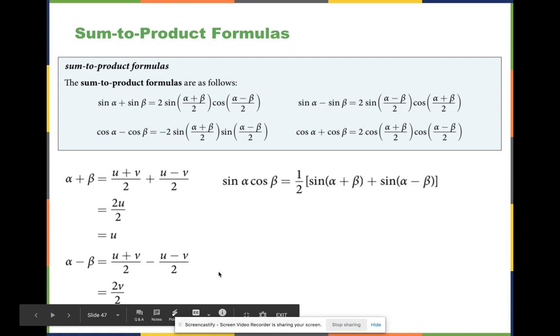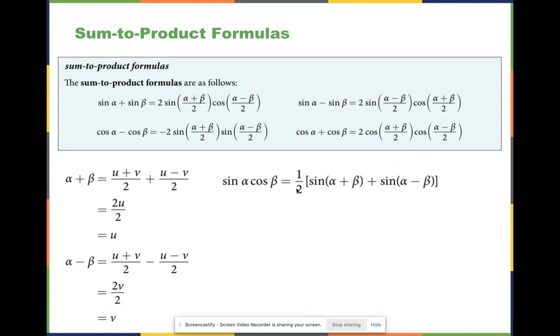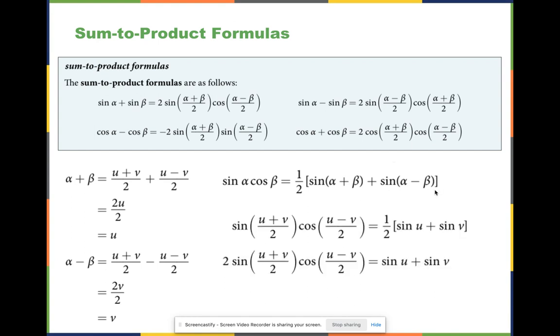All right, so we will use this. We know that when we have a product, this is from the last section, the product to sum. Okay, so we're going to start with that. So we're going to say sine of u plus v over 2 times cosine of u minus v over 2. This is our alpha, this is our beta.